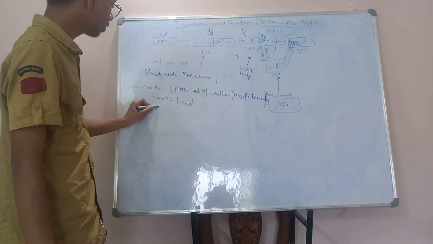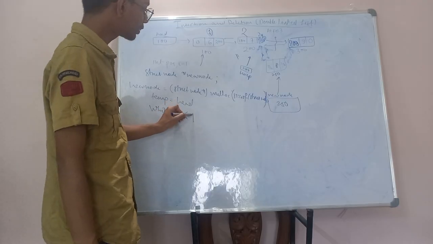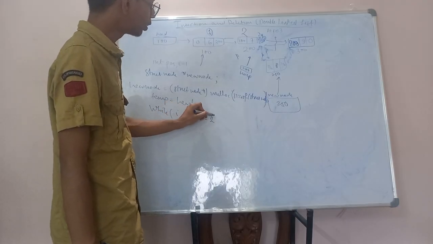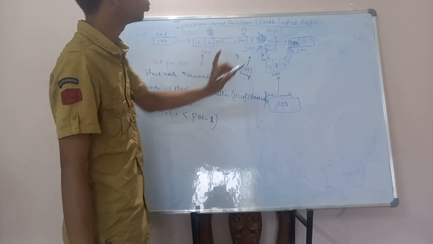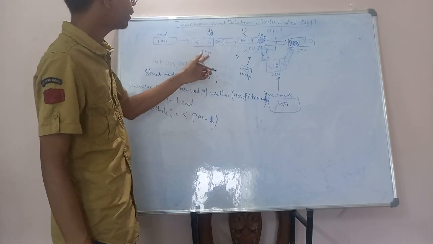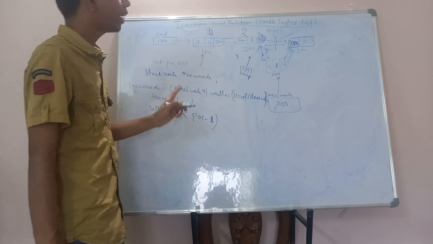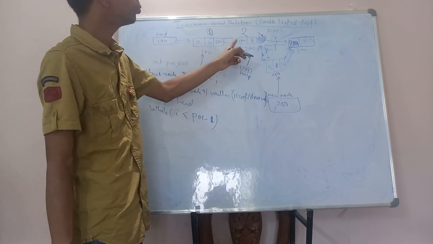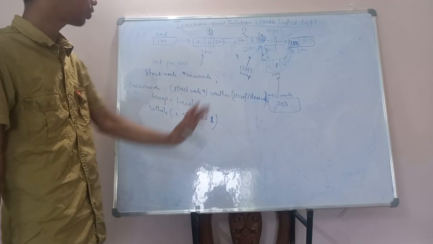So I will run a while loop while i is less than or equal to position minus 1. When my i is 1, my temp will point to the second node, and this is what I want. I don't want to make temp go further.